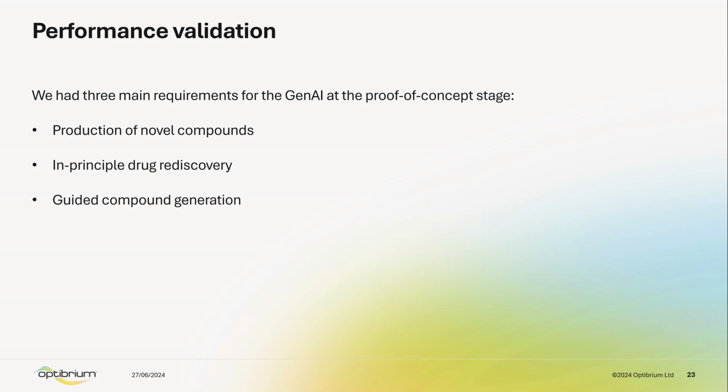Can we go from a lead-like compound to a drug-like compound, at least in principle? And finally, I want to check that the guided compound generation is actually working. Given a vector of parameters, we're trying to optimize for multiple parameters at the same time. Can it produce a compound that matches those goals, which is quite a difficult task?